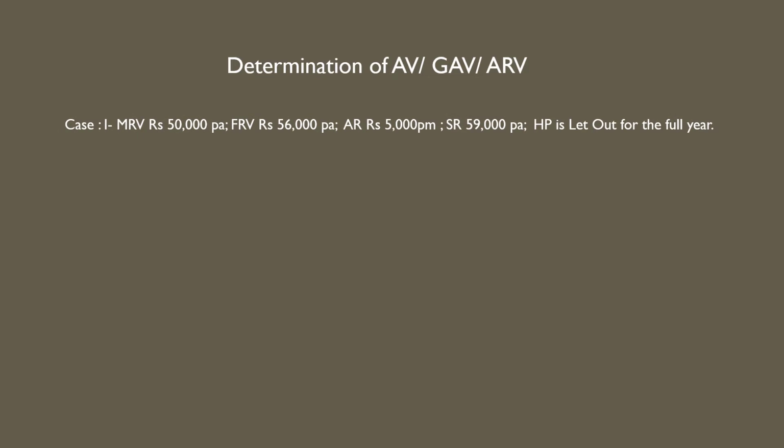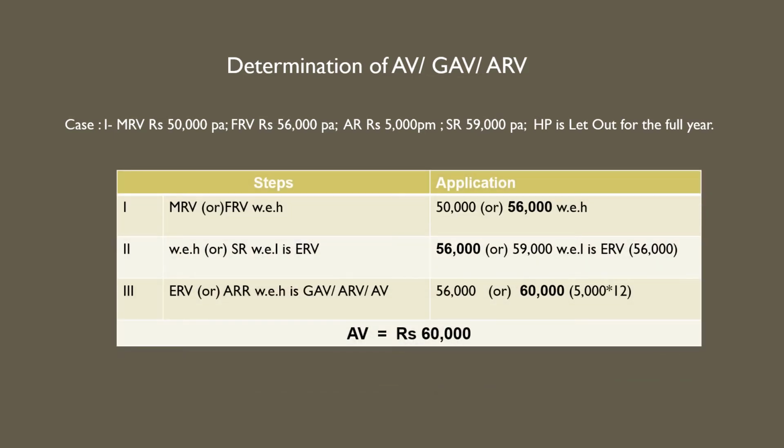Case 1. MRV 50,000 per annum, FRV 56,000 per annum, AR 5,000 per month, SR 59,000 per annum, and the house is let out for the full year. The steps include MRV or FRV, whichever is higher. So in this case, 56,000, that is FRV, is the higher amount.